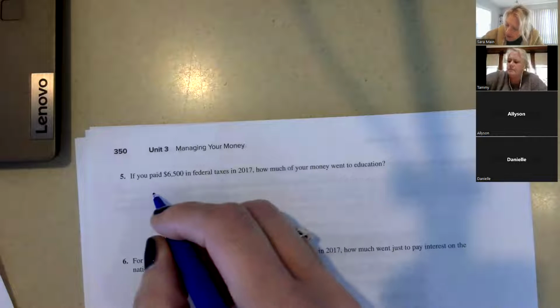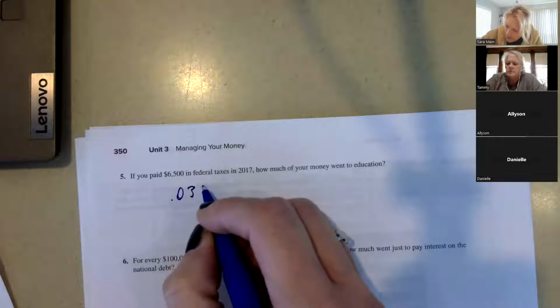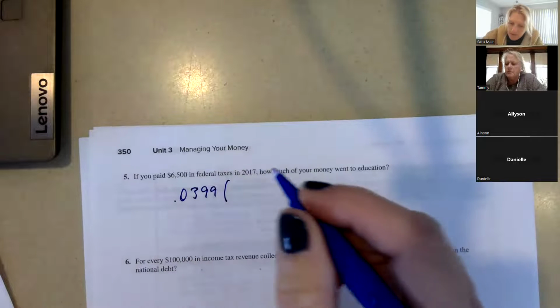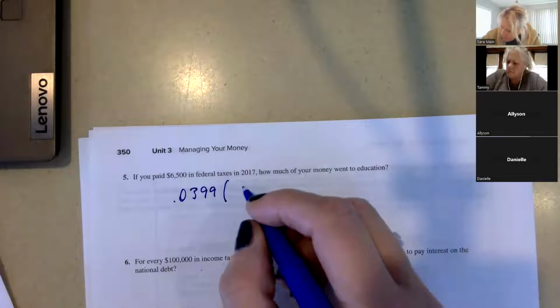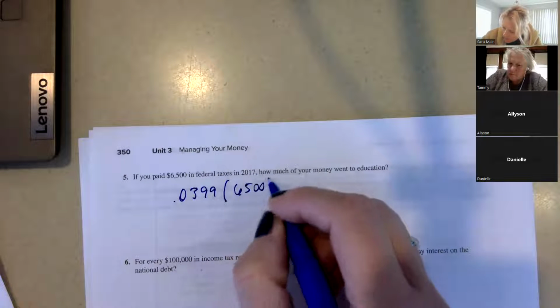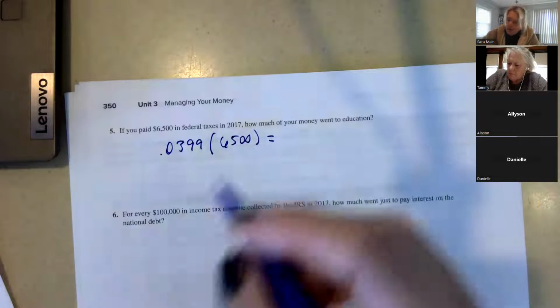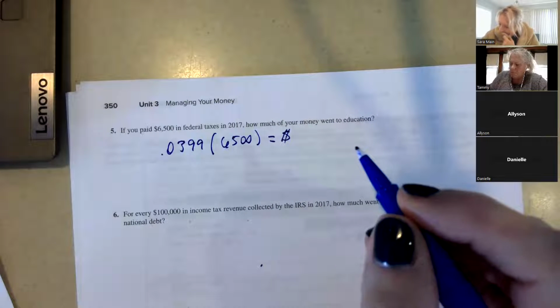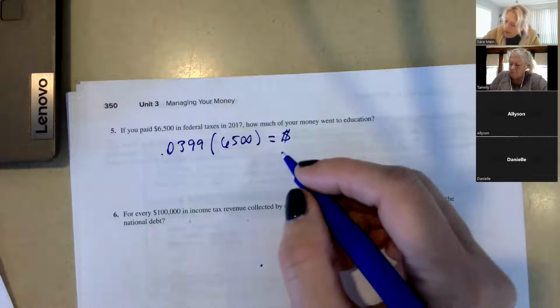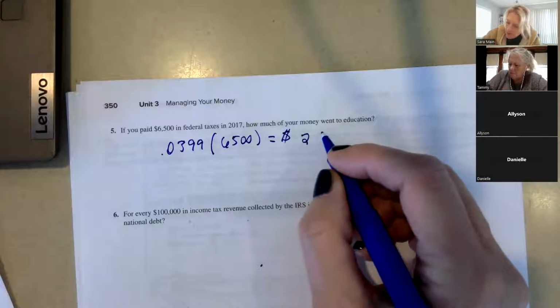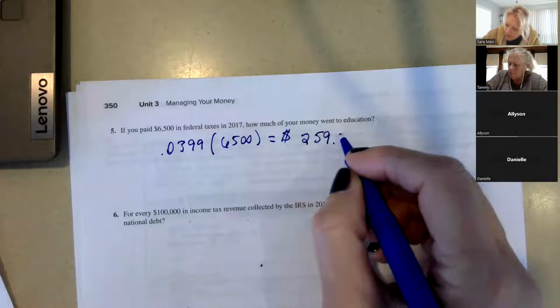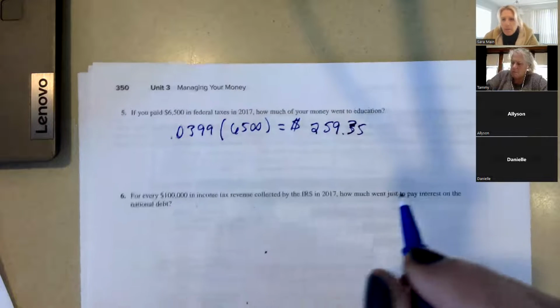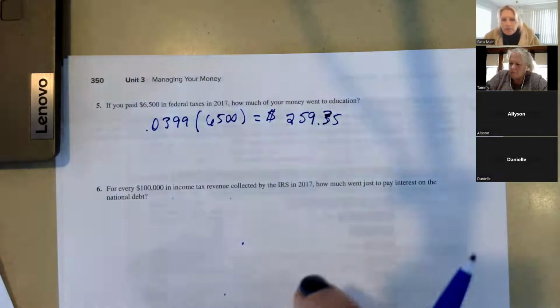Yeah, so 0.0399 times the amount of tax. And that amount would have gone to education. I believe that was $259.35. Anybody validate that for me?